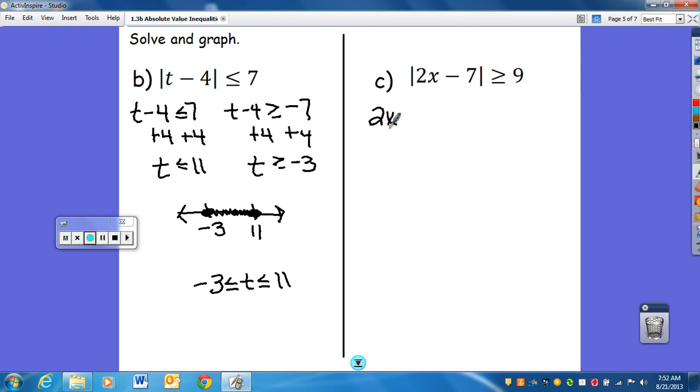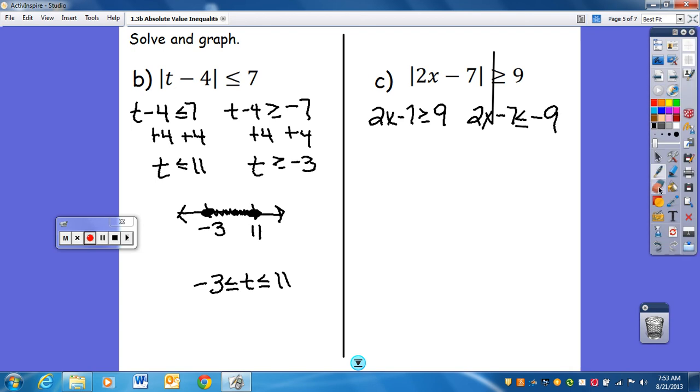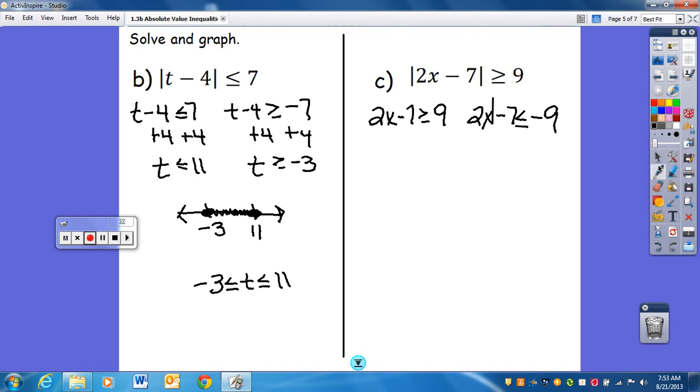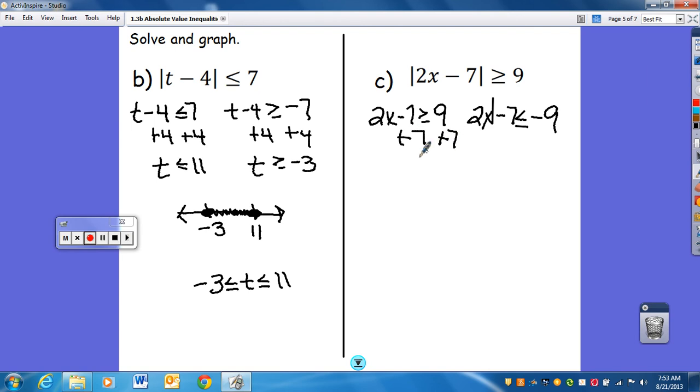In the next example, the absolute value again is already by itself, so we'll set up our two cases. We have 2x minus 7 is greater than or equal to 9, and we have 2x minus 7 is less than or equal to -9. So to solve, we're going to add 7 to both sides of our inequality, doing the opposite operation.